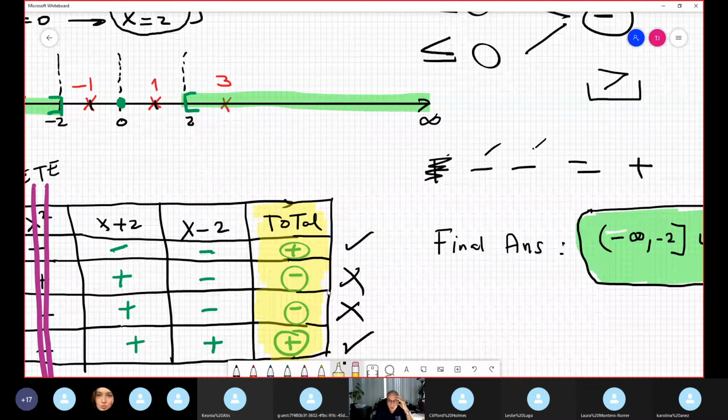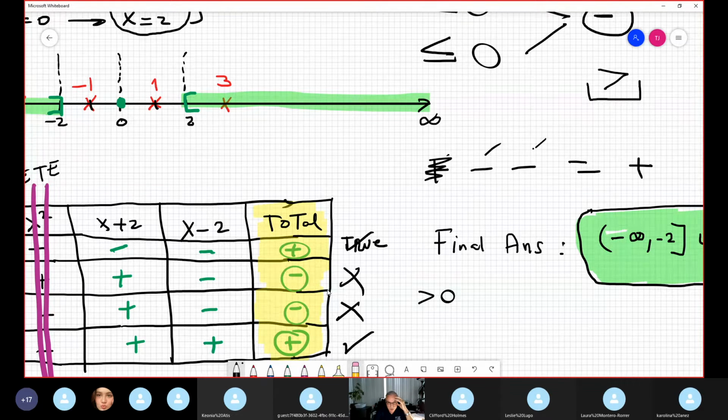Yes. Okay, this is important. When you see greater than, the true one is the positive. And what is the statement for the false? You want to see it like that? It's much better. False means it doesn't belong to the solution.